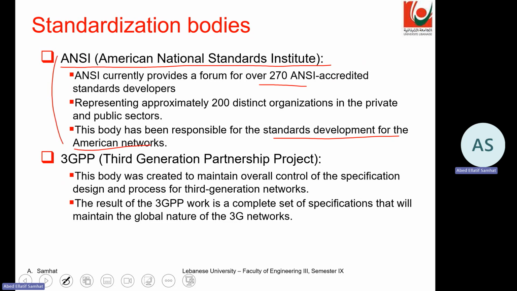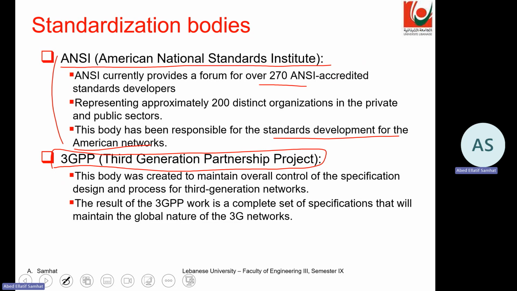Okay, those are standardization bodies, and there is also another one, which is the 3GPP, the Third Generation Partnership Project. In fact, after developing the GSM, this body was created to maintain the overall control of the specification design for the third generation. So it was just before 2000, and the objective was to have a different body inside.